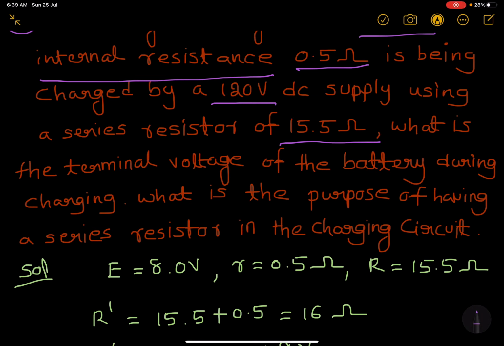Terminal voltage is the voltage across the ends of the battery or cell. Also, what is the purpose of having a series resistor in the charging circuit?